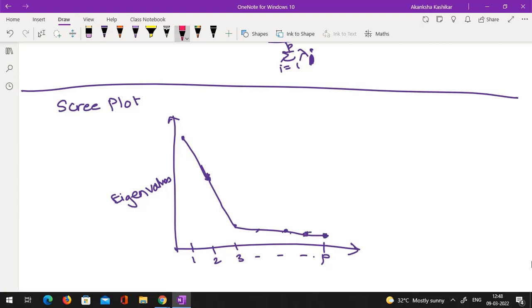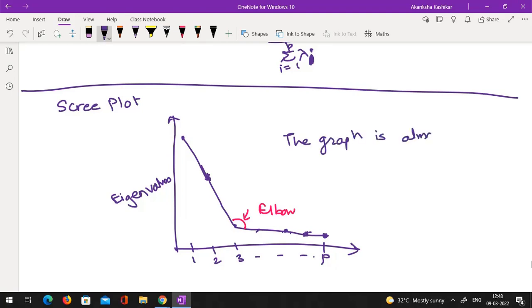And we locate what is known as the elbow. This is an elbow for obvious reasons, right? You can see why it would be called an elbow.